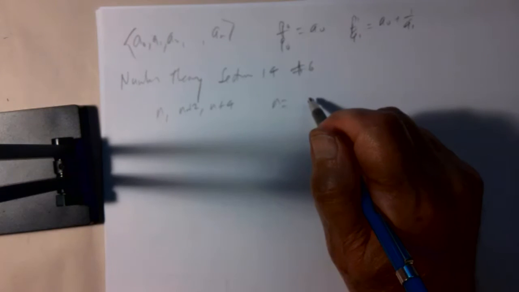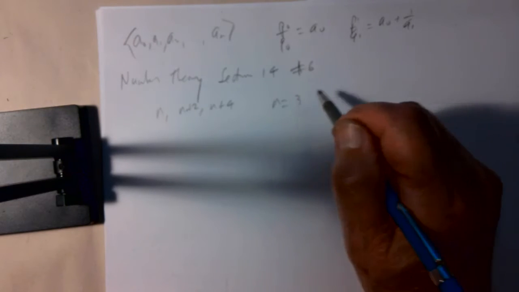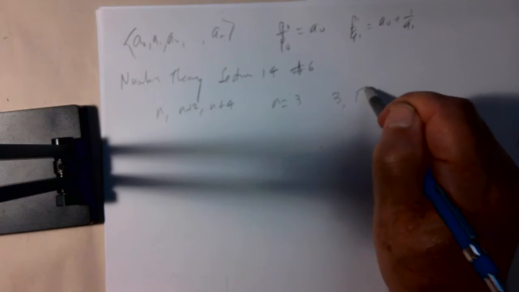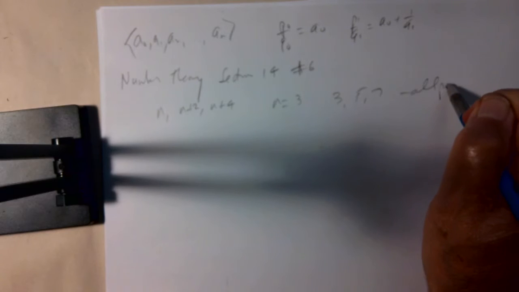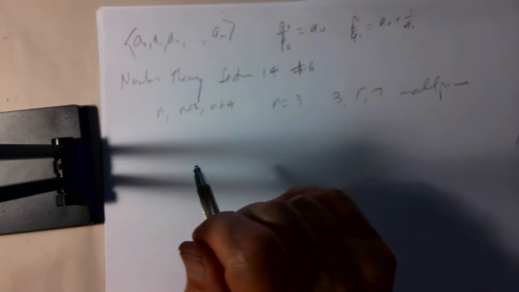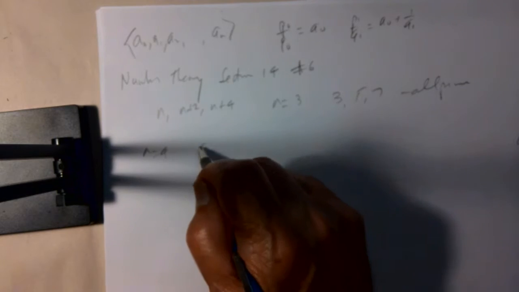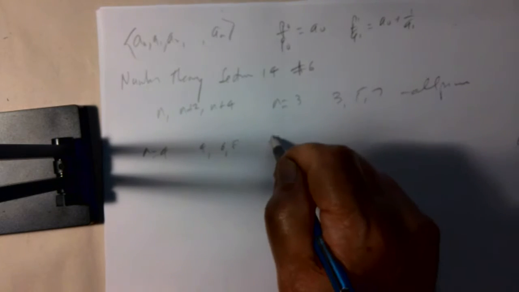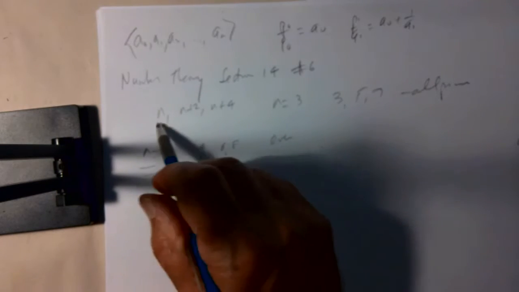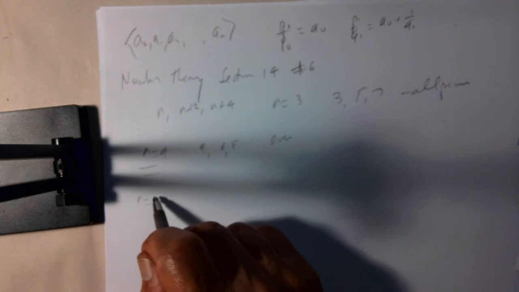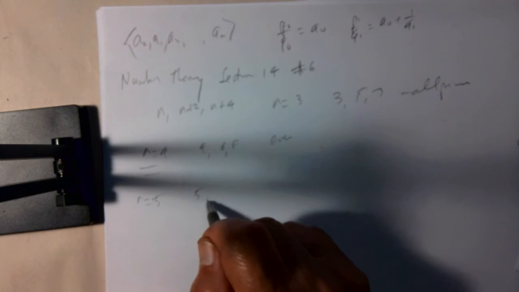If n is equal to 3, these numbers are 3, 5, and 7, and they're all prime. Of course, if you take n equal to 4, you have 4, 6, 8, they're all even. And in fact, if n is even, they're all going to be even, so none of them is going to be a prime. So you only have to look at odd numbers. Say you take n equal 5, then you get 5, 7, and 9.